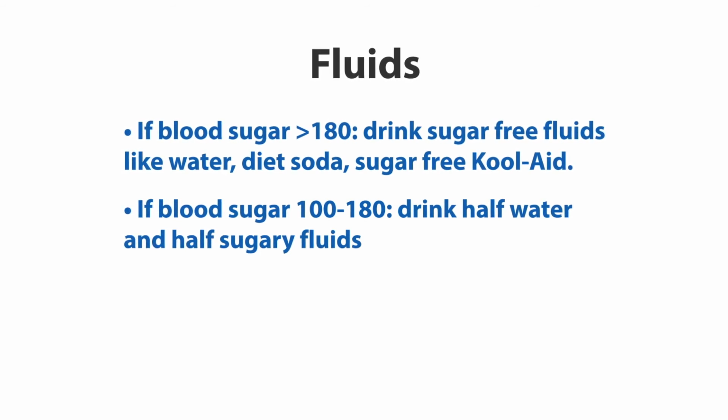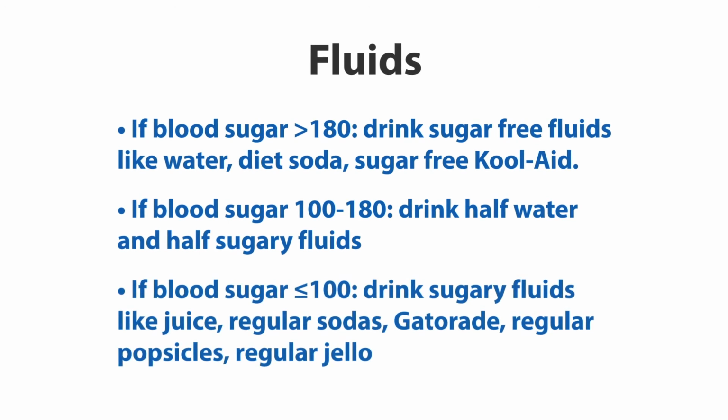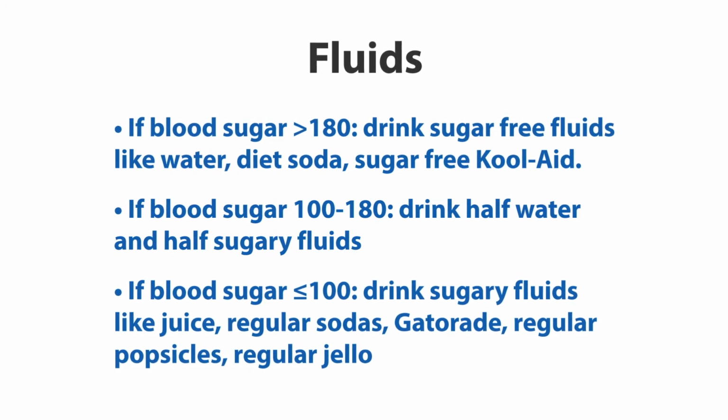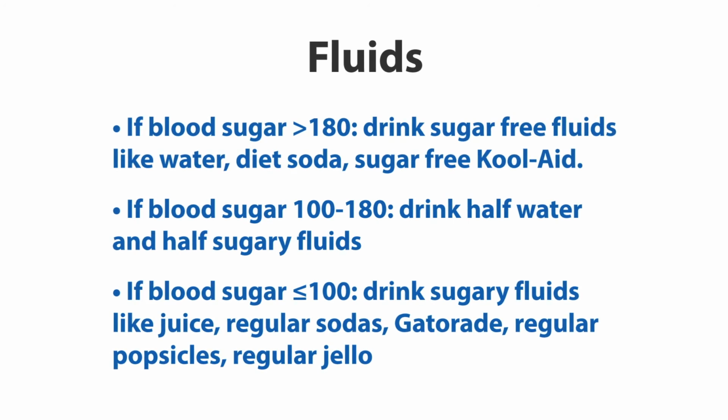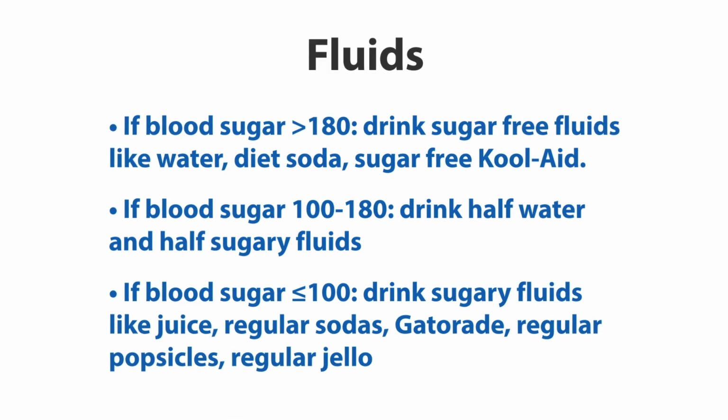For example, 1/2 juice mixed with 1/2 water, or 1/2 Sprite Zero to 1/2 regular Sprite. If blood sugar is less than 100, drink sugary fluids like juice, regular sodas, Gatorade, regular popsicles, or regular Jell-O.